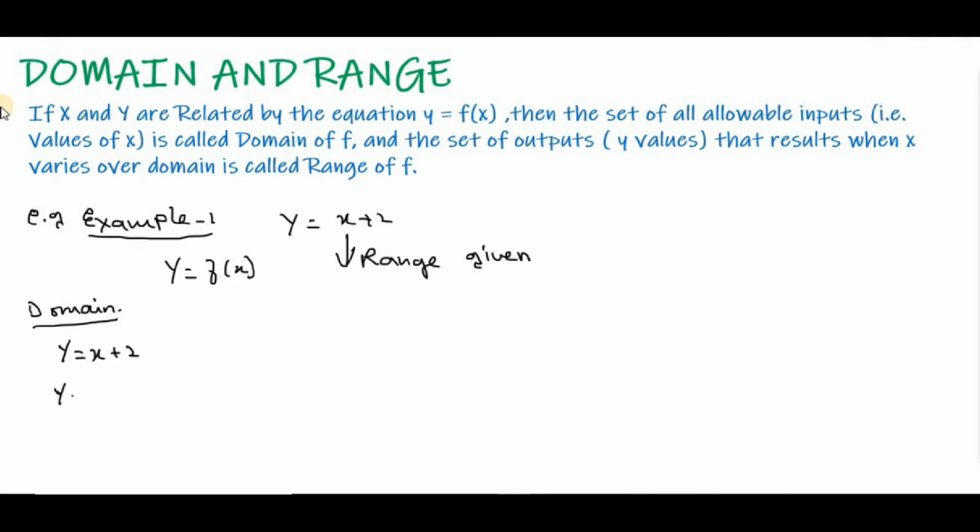Rearranging the terms, y minus 2 is equal to x. So, x is equal to y minus 2 is the domain for the function, and as per the given definition, all the set of allowable inputs of x is called the domain of f, which means for all known values of y, we will get the values of x. So this is the domain.